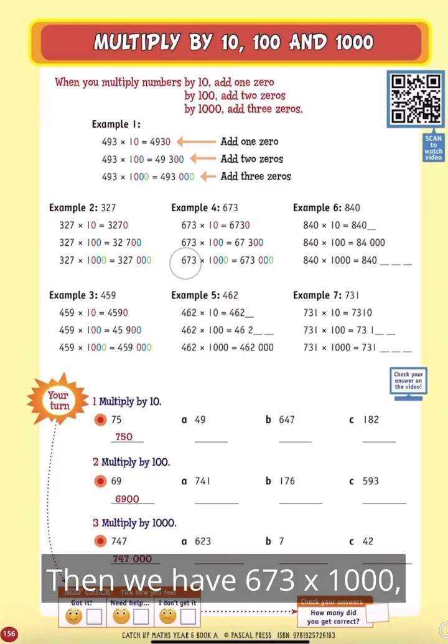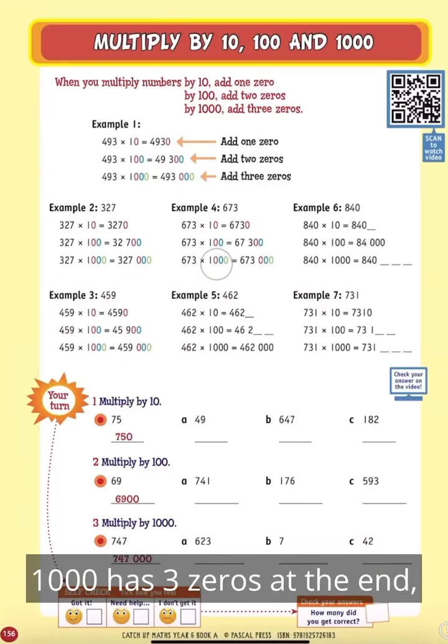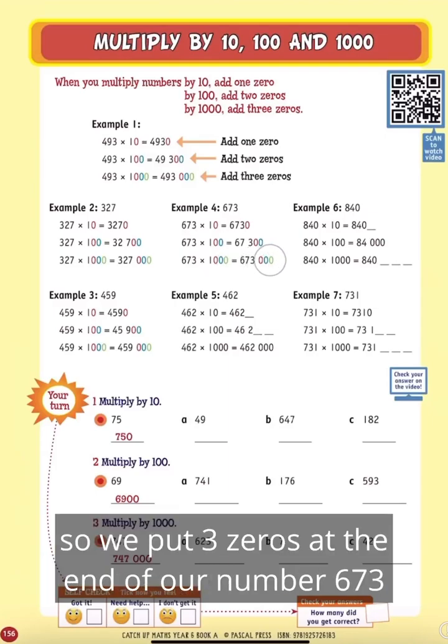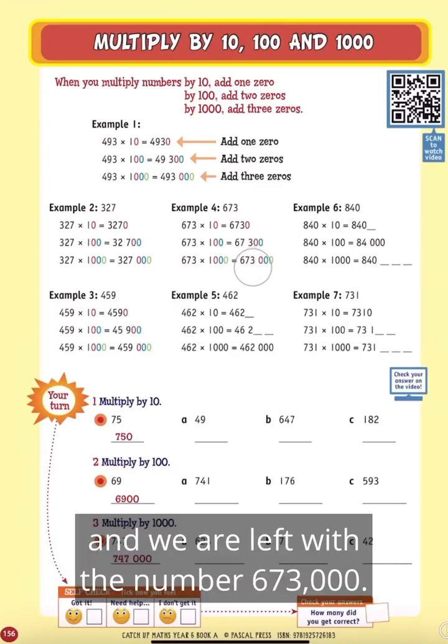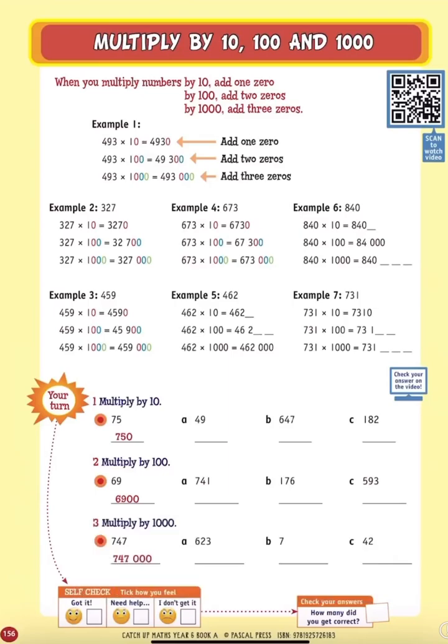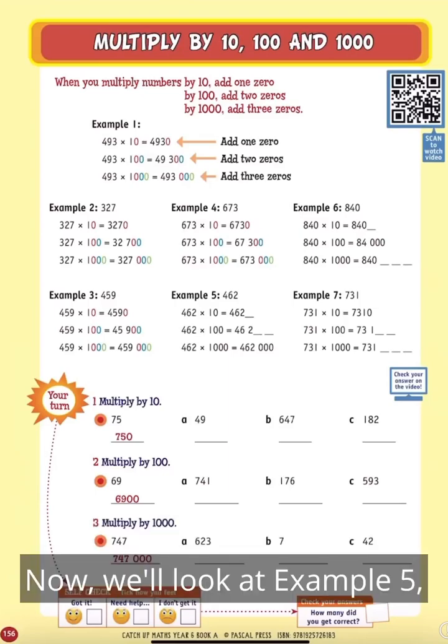Then we have 673 times 1,000. 1,000 has 3 zeros at the end, so we put 3 zeros at the end of our number 673, and we are left with the number 673,000. Now we'll look at example 5.